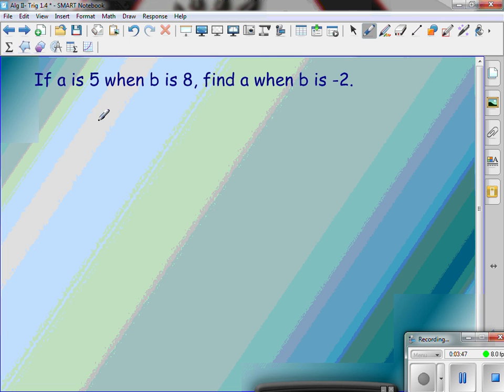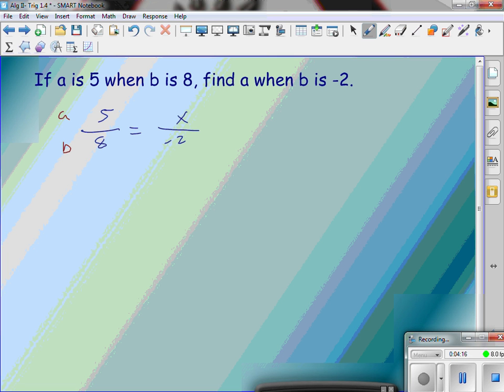If A is 5, B is 8. Equals, now does this help you out? Where do I put the negative 2? Y on the bottom, because that's where B is at. And then on the top, I'll just use x, a, whatever variable you want.